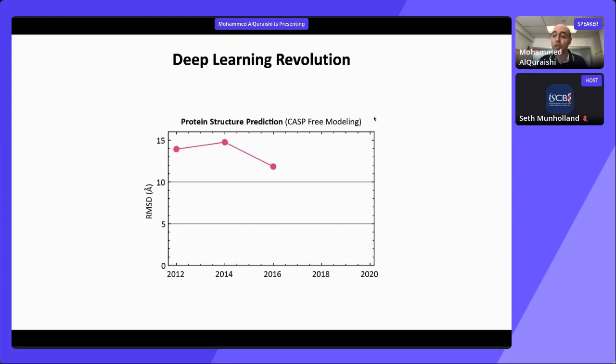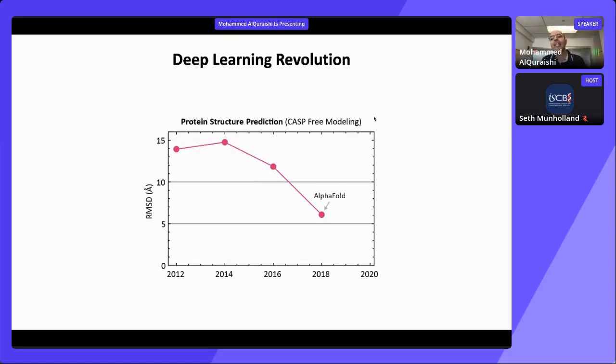There were important breakthroughs in the 2010s having to do with the idea of coevolution, but they didn't quite percolate to the top of CASP until 2016. And then the first AlphaFold came on the scene in 2018 in CASP 13, and that made a very significant leap in prediction accuracy.